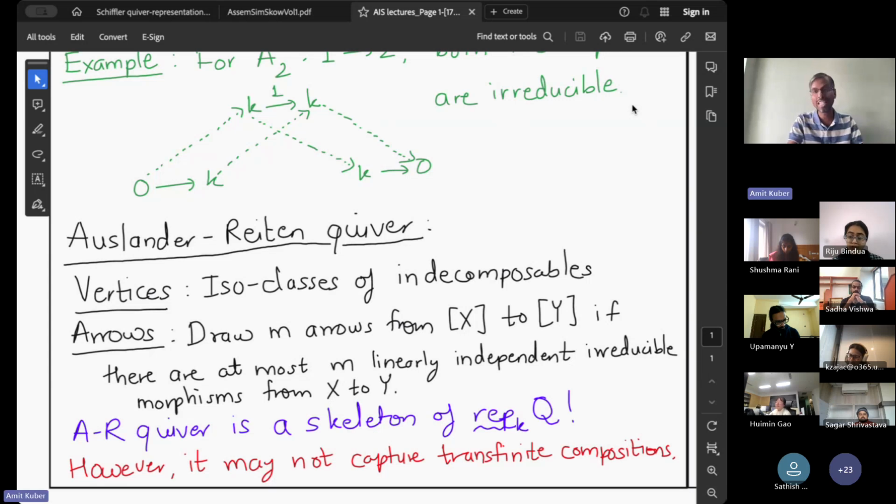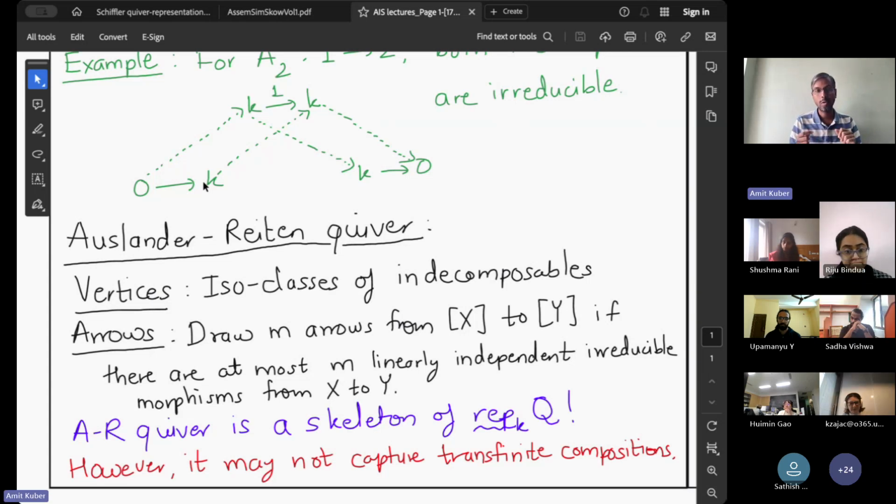However, this is not a complete picture. If it's forming a quiver, then that quiver will have an underlying graph, not necessarily simple because there could be multiple arrows. But that underlying graph may or may not be connected.